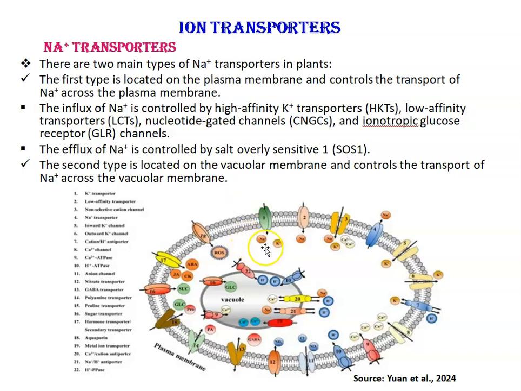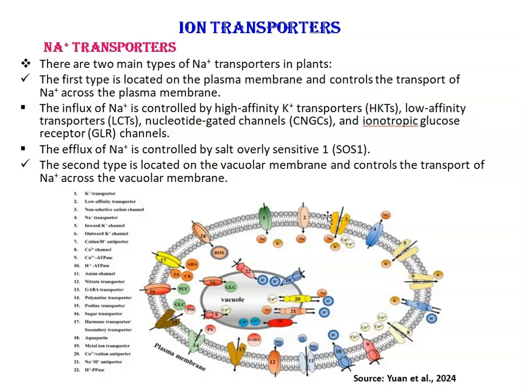Influx or efflux. Influx of sodium ion is controlled by high-affinity transporters, HKTs, number one, this one. Low-affinity transporters, LCTs, number two. Nucleotide-gated channel, this one, CNGCs, and ionotropic glutamate receptor, GLR channels.